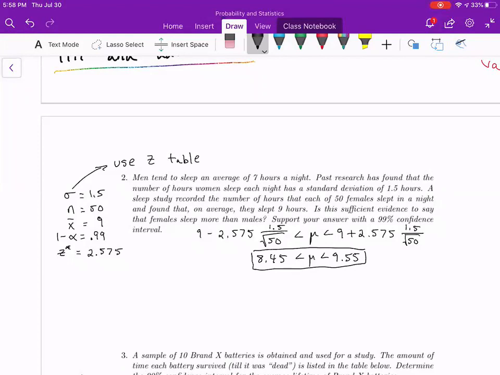Right, so when you're interpreting this, it's the same process. How confident are we? 99%.